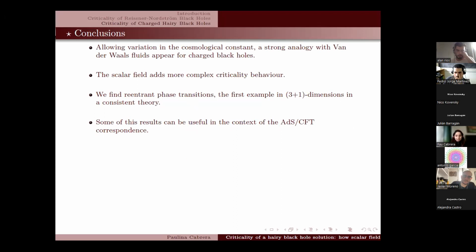And this result can be useful in the context of AdS/CFT correspondence.